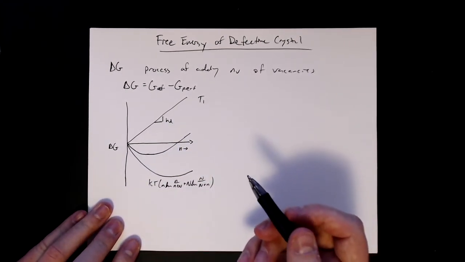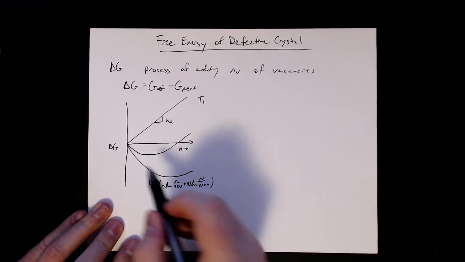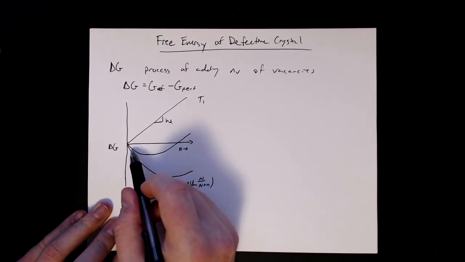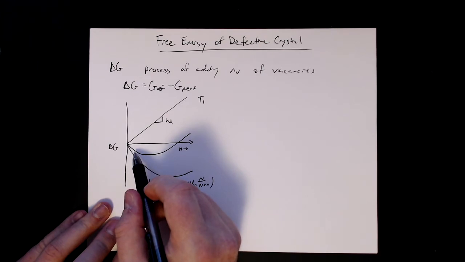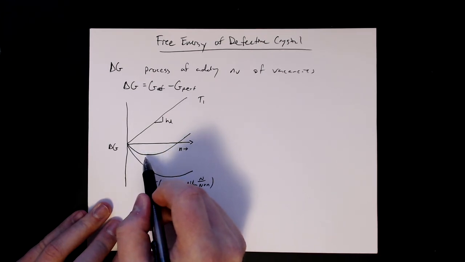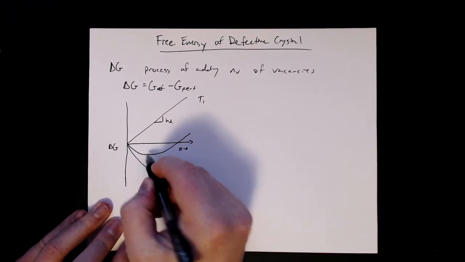And this is the classic curve where we initially decrease the free energy, and then it reaches a minimum, say right here.